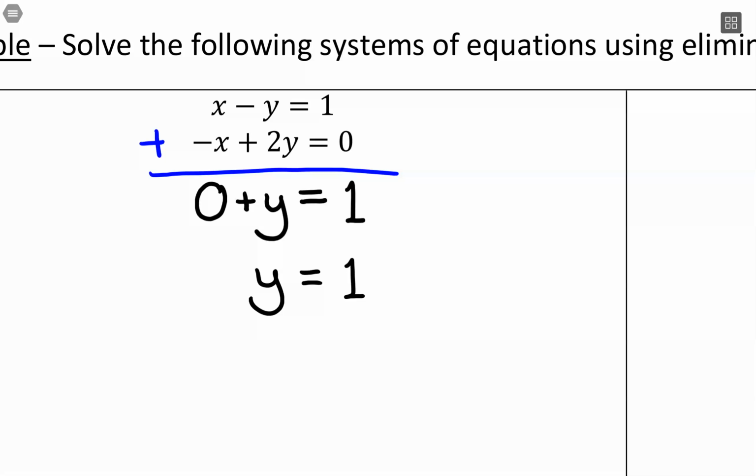And that right there is half of our coordinate that we're looking for. So with that, we have done step 4. That was solving for our remaining variable since x disappeared. And now what we're going to do is take this value and back substitute into one of the equations. It doesn't matter which one, so that we can solve for x.